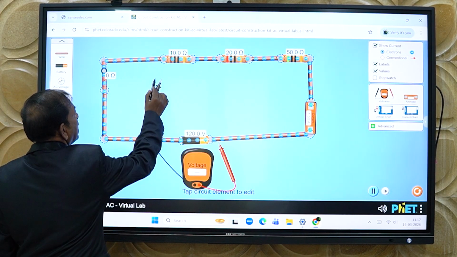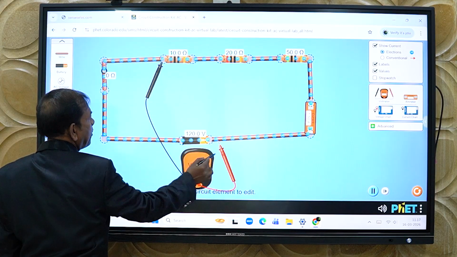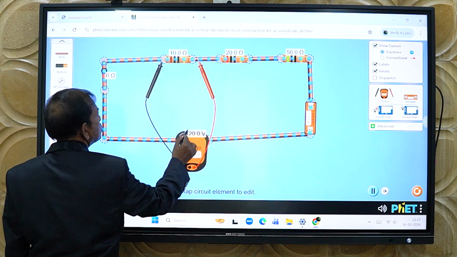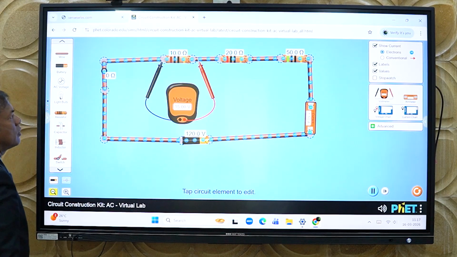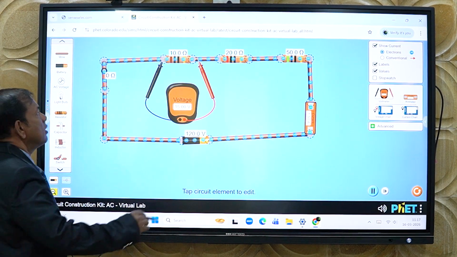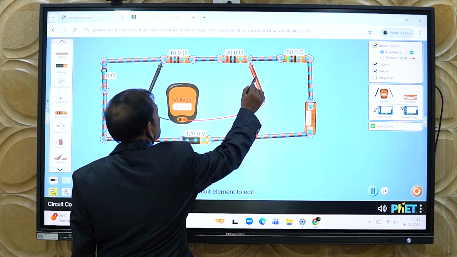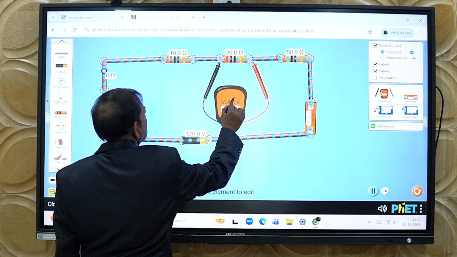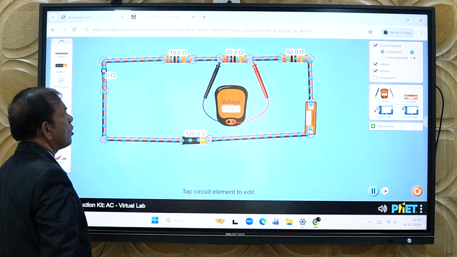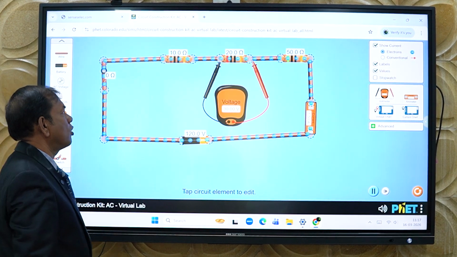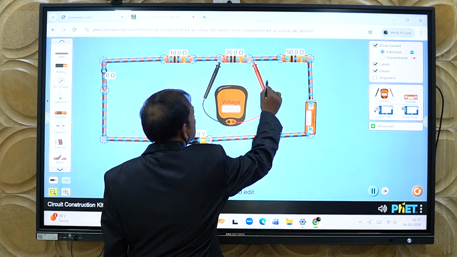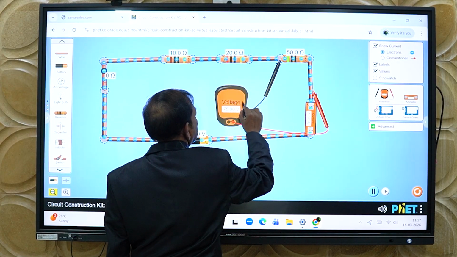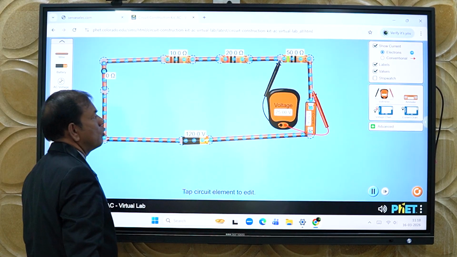If I keep it here, look, the energy spent by the charge is 15 volt, right? Similarly, if I connect across the terminals of the 20 ohm, that gives you 30 volt or 30 joules per coulomb. Similarly, voltage across this 50 ohm can be calculated, which is 75 volt, right?